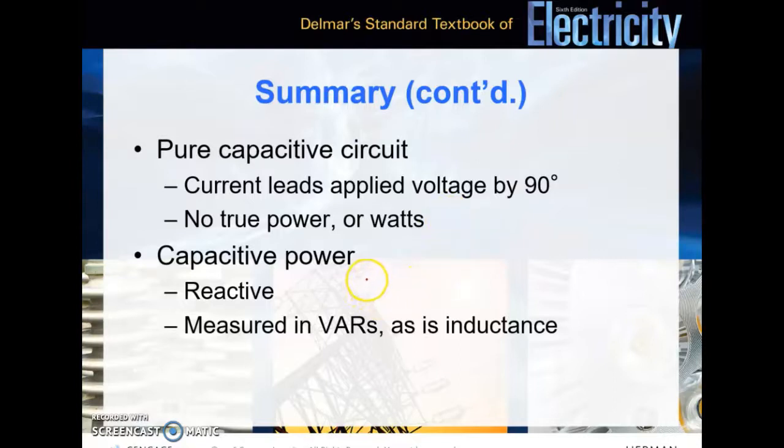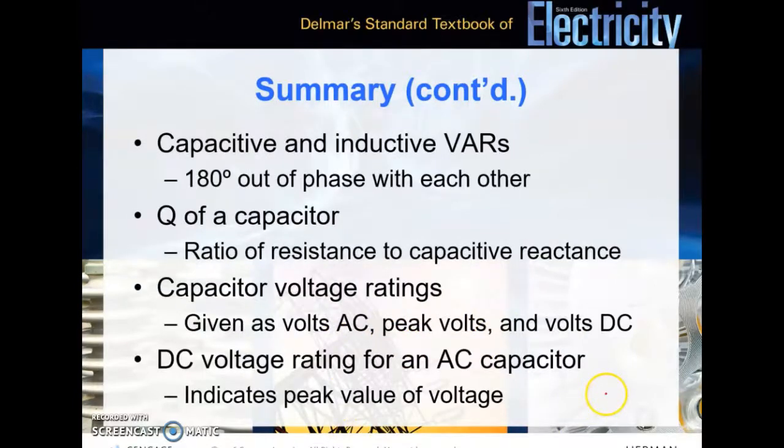We do have capacitive power, it's reactive power. So capacitive circuits have reactive power that's measured in VARs, volt-amps reactive, same as in inductance. However, capacitive and inductive VARs are 180 degrees out of phase with each other.